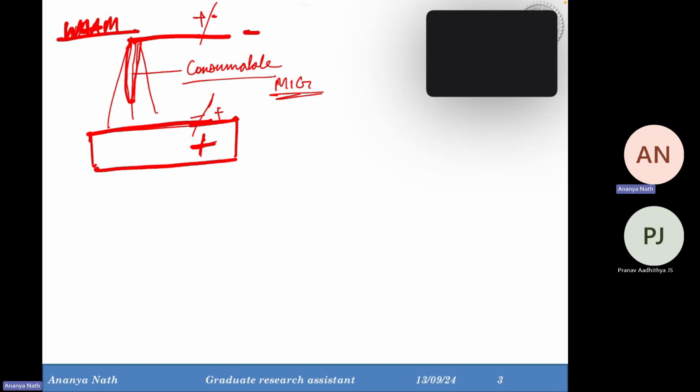So if this is so, then there will be heat. The substrate will be more heated. Substrate will get the most amount of heat, and it will have a very high penetration of the arc, or the effect of arc will be till much depth, and over which the bead will be deposited by melting this electrode.